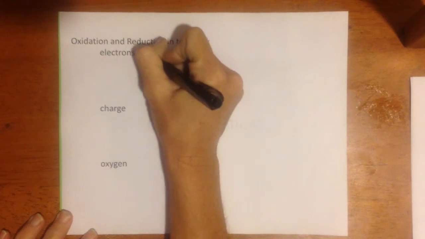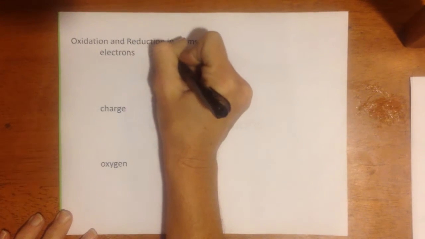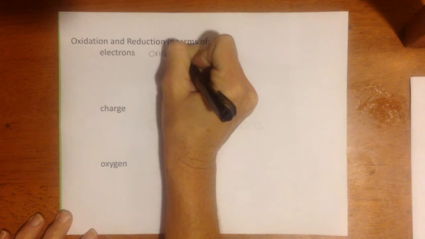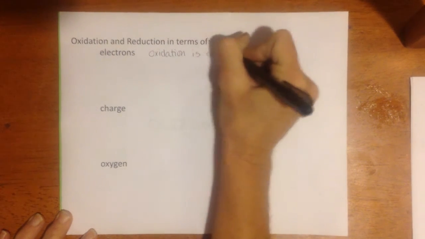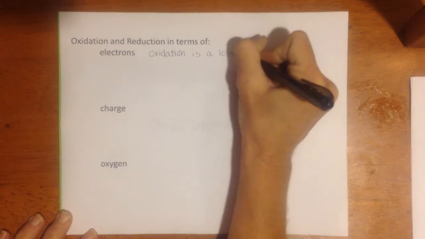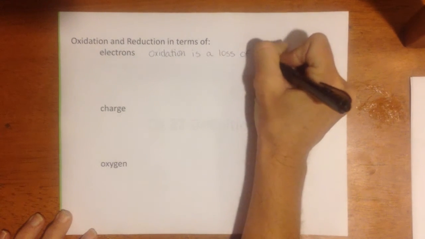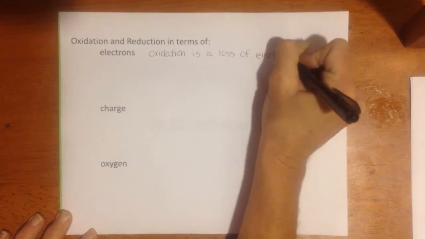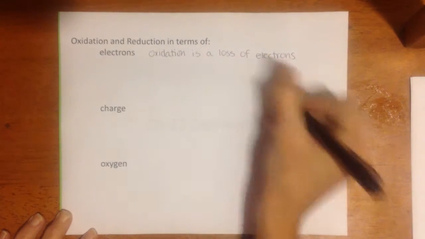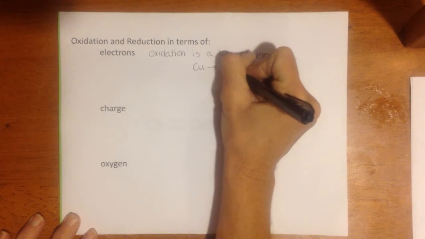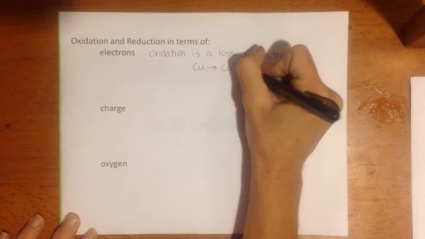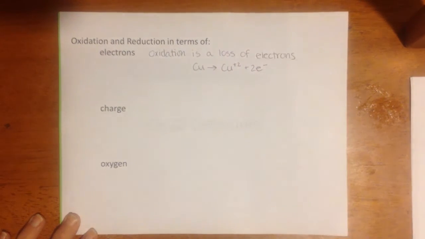In terms of electrons, oxidation is a loss of electrons. That would be like if copper turned into copper ion and some electrons fell off.